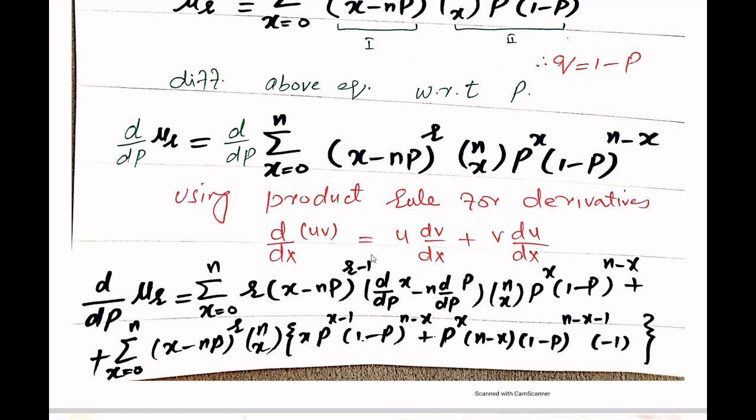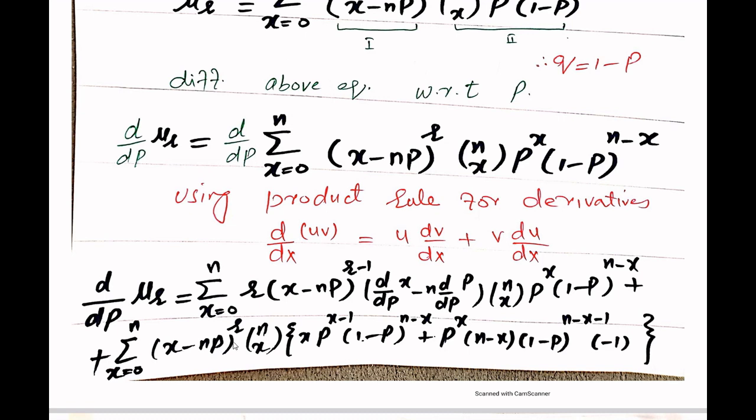Decrease the power by 1 and multiply by the original power. And then take the derivative of this term again, d over dp of x minus np. And write the second term as it is, ncx p^x (1 minus p) power n minus x, plus. Now write the first term as it is and take the derivative of second term.